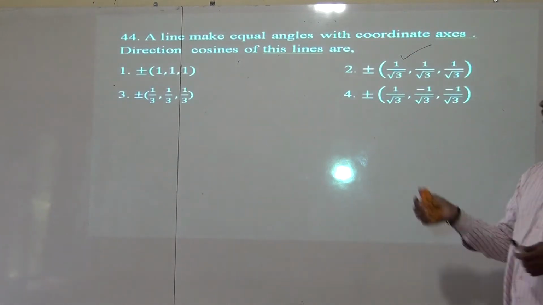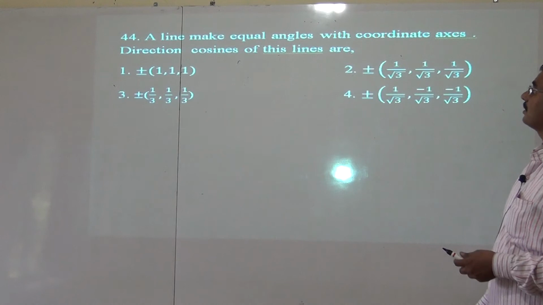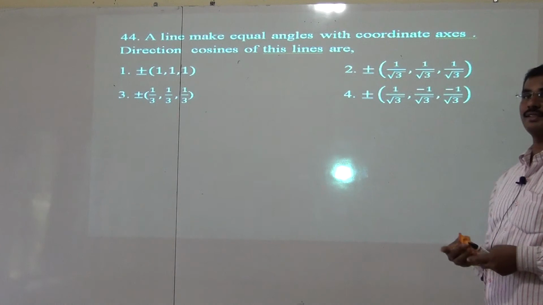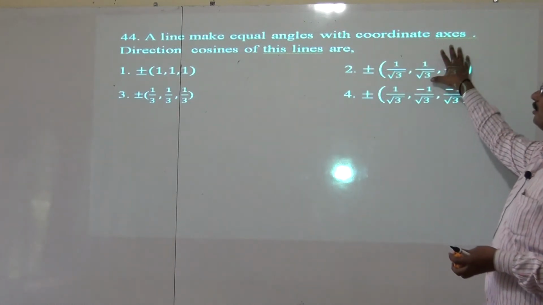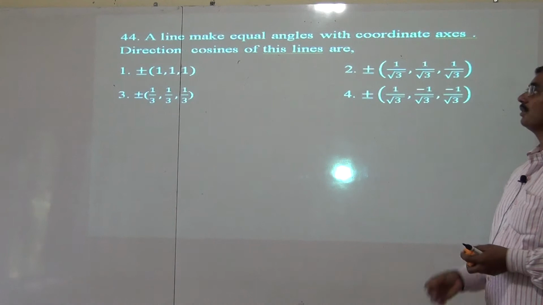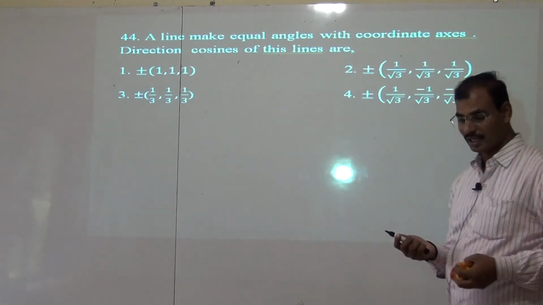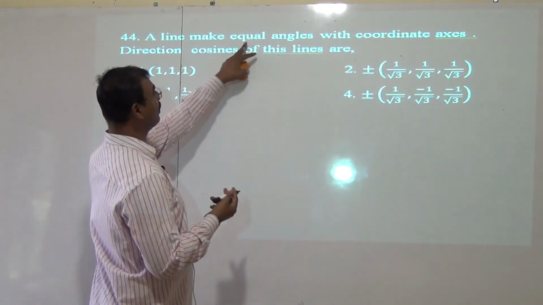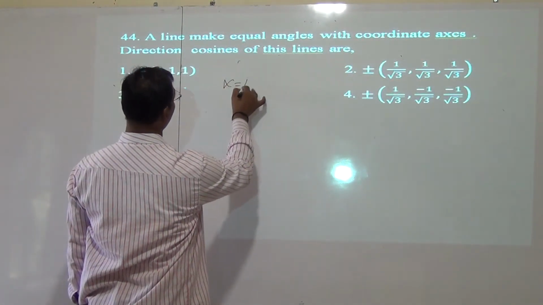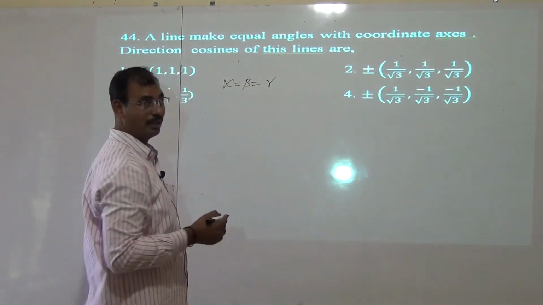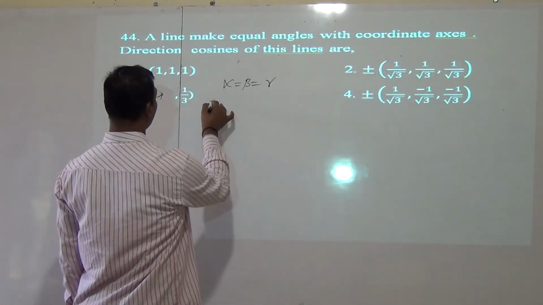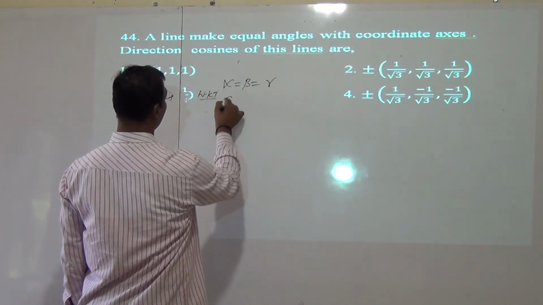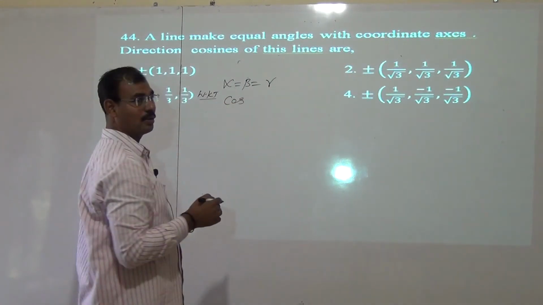Next one. A line makes equal angles with coordinate axis. Direction cosines of the line are. Theory, very important for one more question actually. So using which result here? Once again I will prove this one. Remember all of you, equal angles are given. That means alpha is equal to beta is equal to gamma. We know the result, relation between direction cosines of a line.